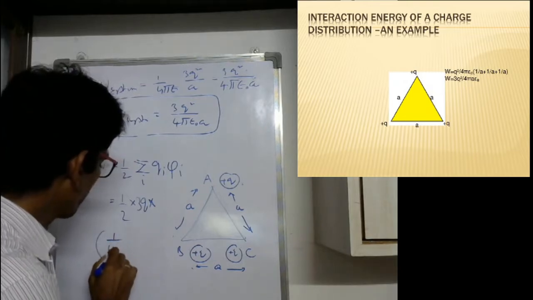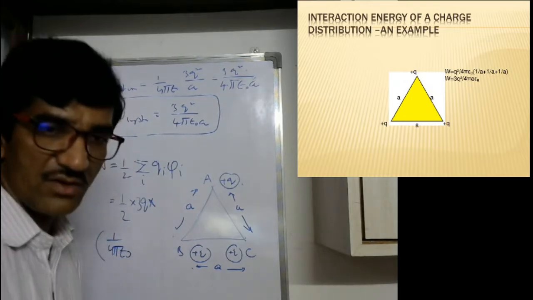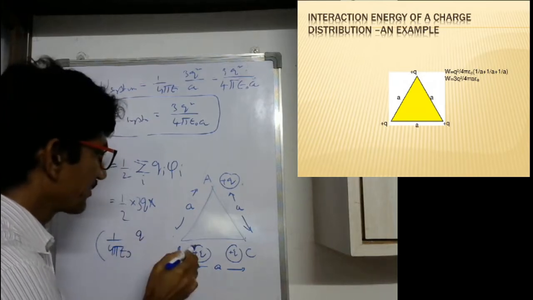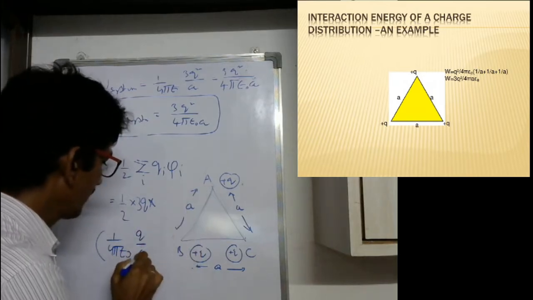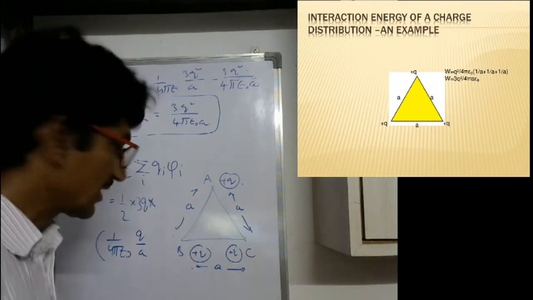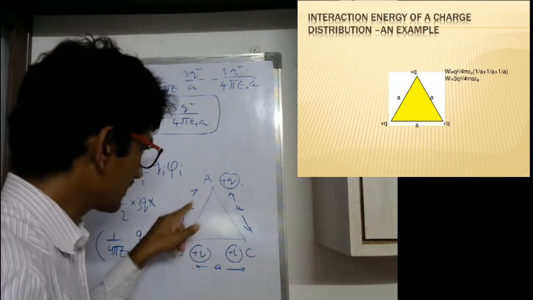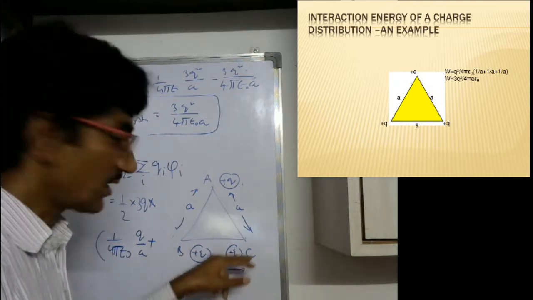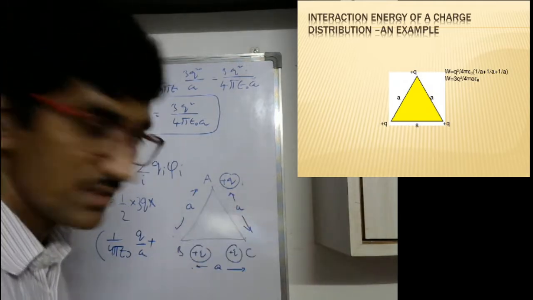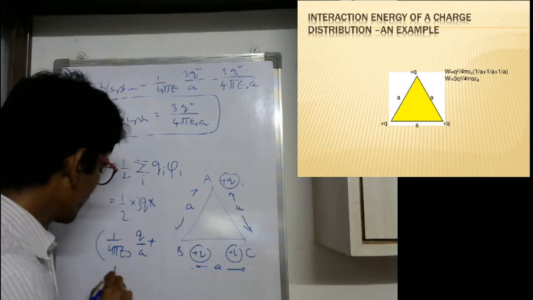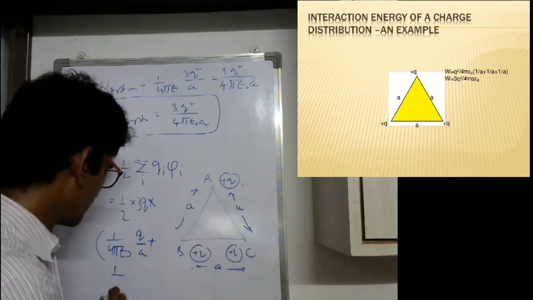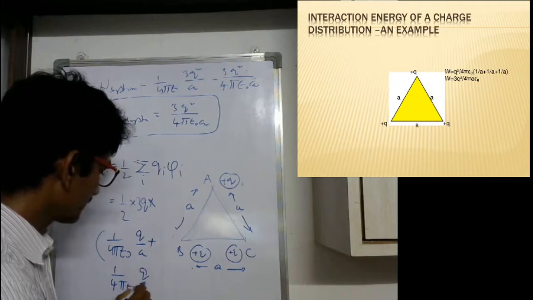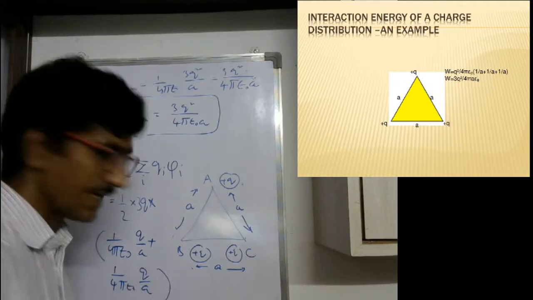Then this is into the potential due to this charge and the potential due to this charge: 1 by 4 pi epsilon naught q by a, because this charge is located at the distance a from this charge, plus this charge is also located at the same distance from this charge. So the potential due to this charge at this point is 1 by 4 pi epsilon naught q by a.